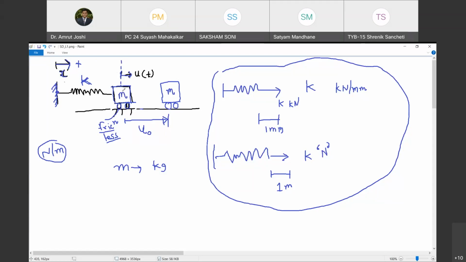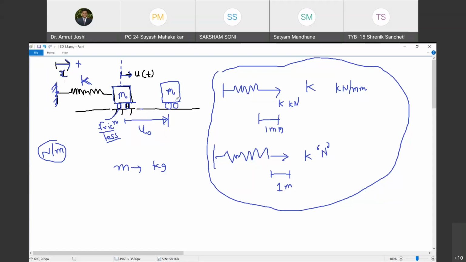That means it is the position at which the spring is neither compressed nor extended. Are you with me? Yes, sir. Now from this position, I take this block of mass M towards right by how much distance? By distance u0. Happy? Okay, sir.